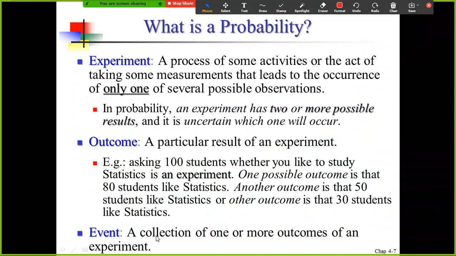In order to study statistics, you need to understand these three keywords: experiment, outcome, and event. So try to understand this.